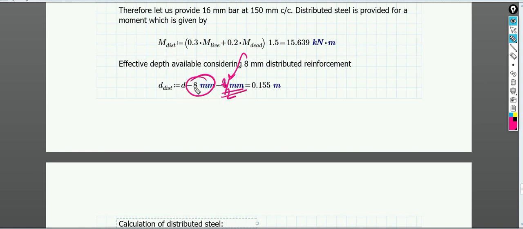And this 8 is basically because we have a 16 mm bar; initially we calculated the effective depth up to the center of the main reinforcement bar, that is the 16 mm bar. Now we have to calculate the effective depth up to the center of these 8 mm bars, which are above the main bars. So another 8 I will subtract and another 4 I will subtract, and I will get an effective depth of 0.155 meters.